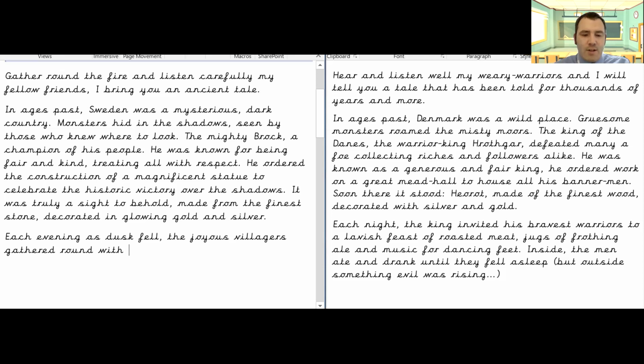I'm going to try this. Plates of steaming meat, freshly baked bread, and barrels of, now what could we have? We've got frothing ale, so we've got the idea of all the bubbles on top. I want something slightly more interesting.